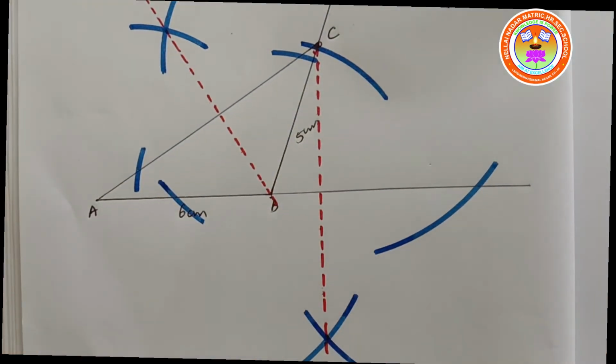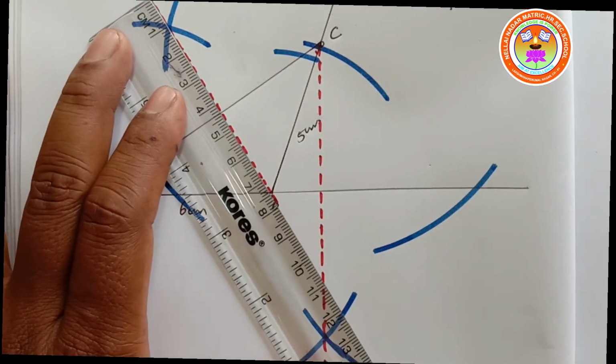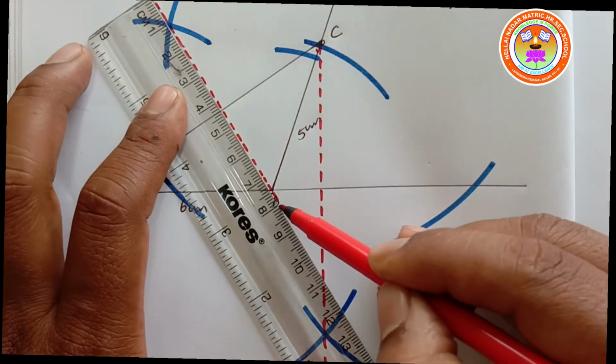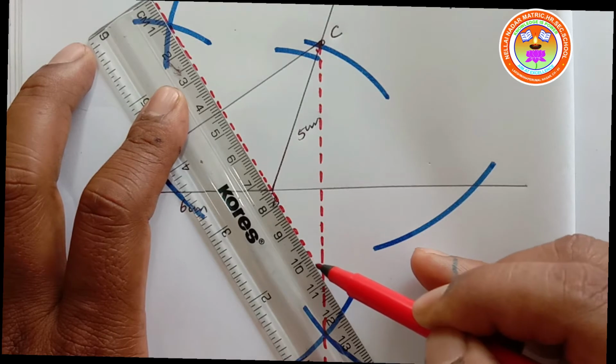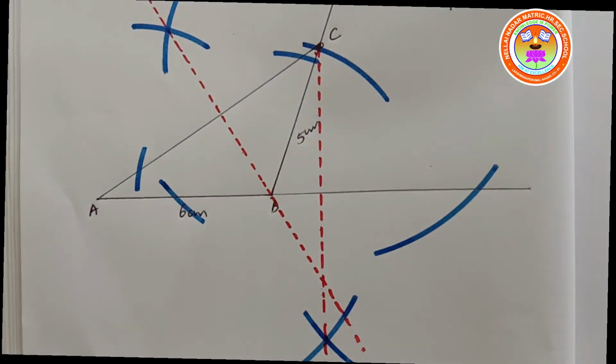See, both the red lines are not intersected. So what I am going to do is, from vertex B, I am going to extend the line. It's clear. Now it is intersected. Both the red lines are intersected.